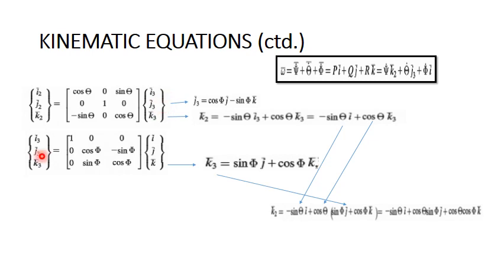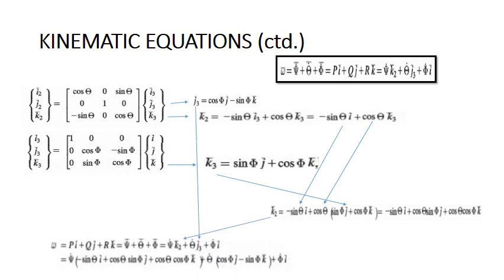From this equation, J3 equal cosine phi I minus cosine phi J minus sine phi K. This is J3 of this equation. So, back to the original equation.